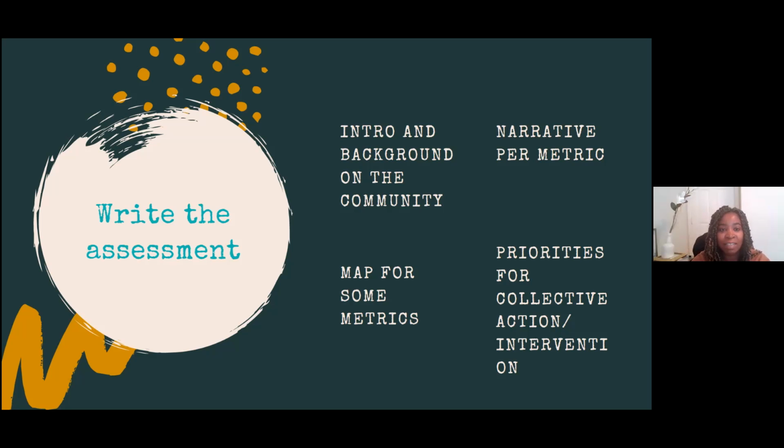Because at the end of the day, you're the person that knows the data. And at the same time, you have to explain it to others in a way that they will understand. And so you have to take time to craft that story, that narrative of the true experiences of the people in your local geographic community or your priority population.